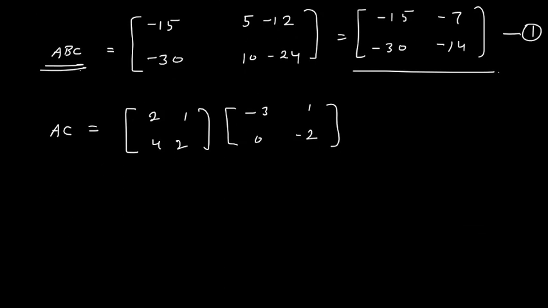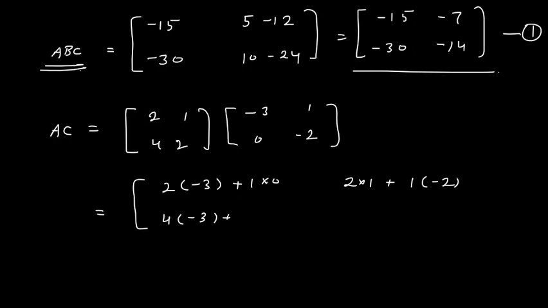So this product equals: here 2 into minus 3 plus 1 into 0, here we get 2 into 1 plus 1 into minus 2. The second row will be 4 into minus 3 plus 2 into 0, then here it is 4 into 1 plus 2 into minus 2.